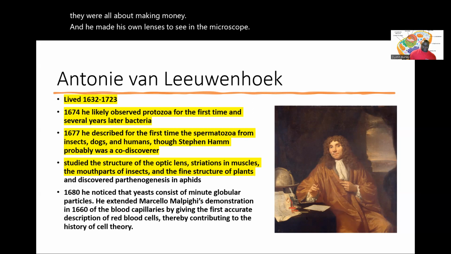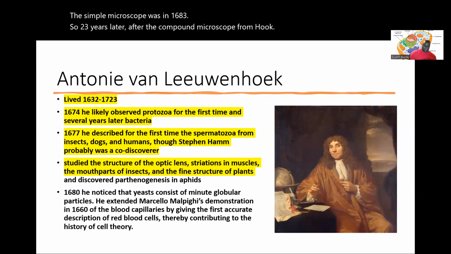He used these lenses to construct simple microscopes. So the simple microscope that he made was in 1683, 23 years after the compound microscope from Hooke.